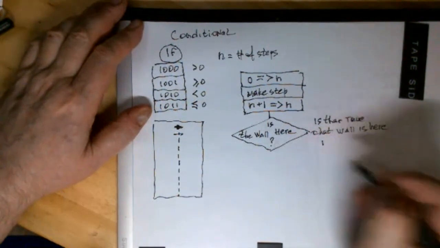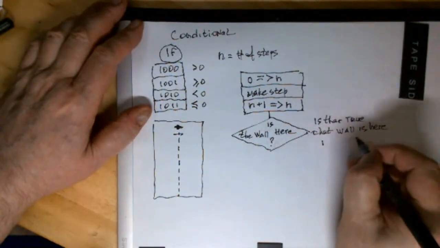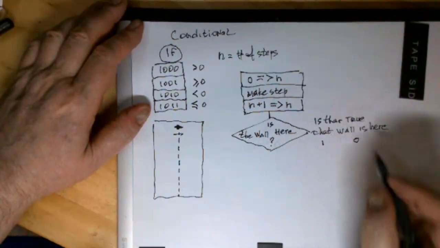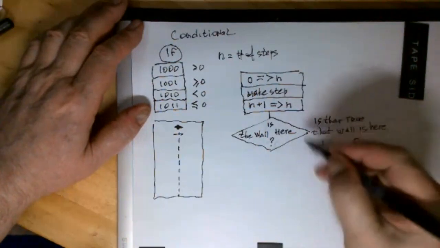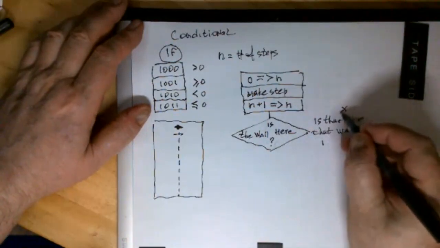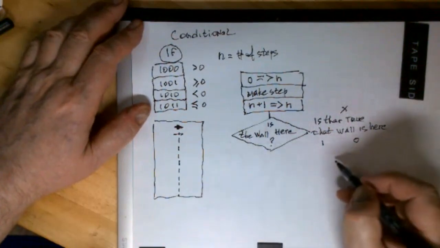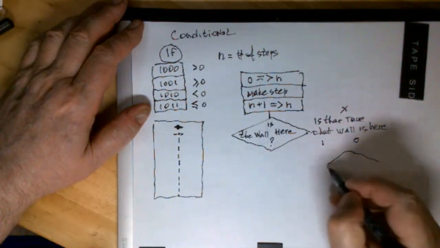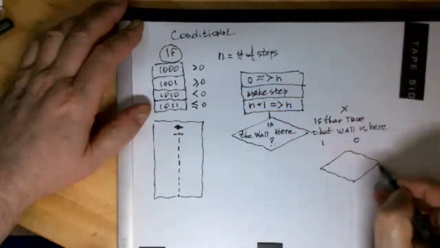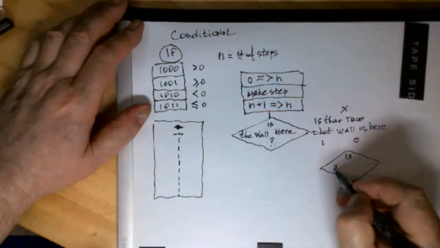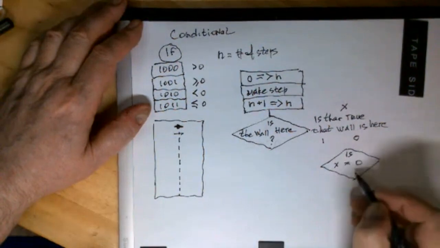So if that's true, that will be 1. If that is false, that will be 0. So I can say this sentence is sentence X, right? And instead of this, I can create this module: is X equals 0.